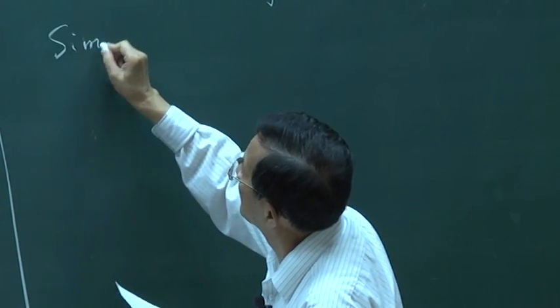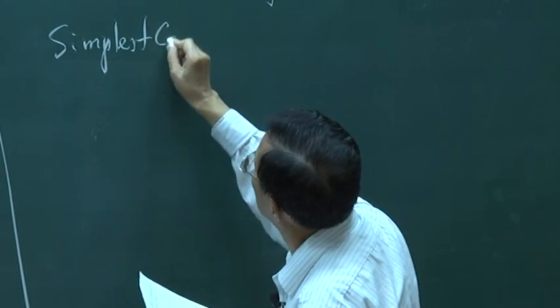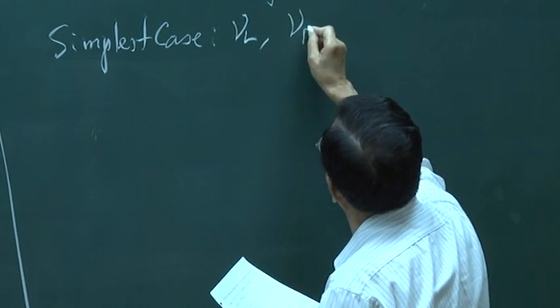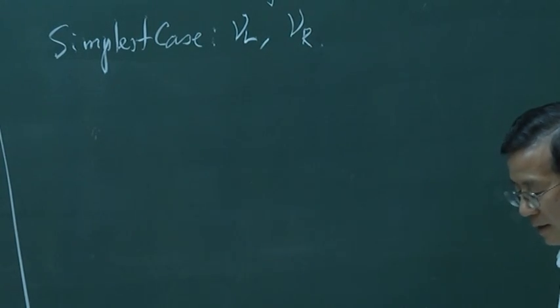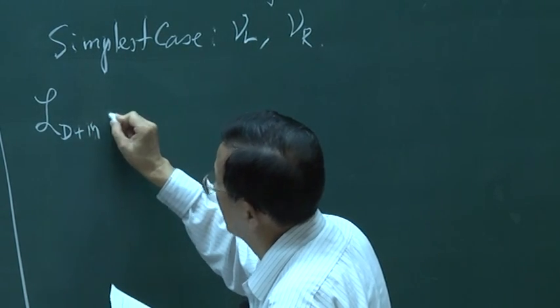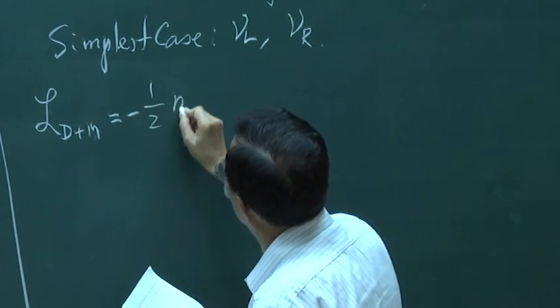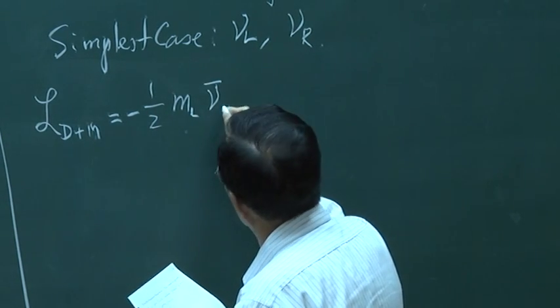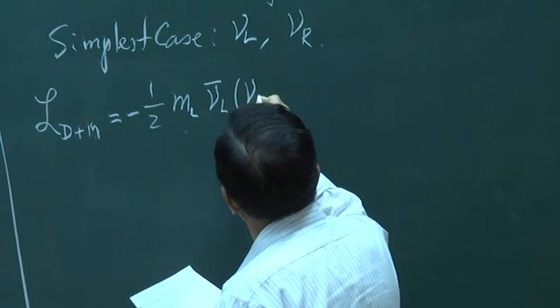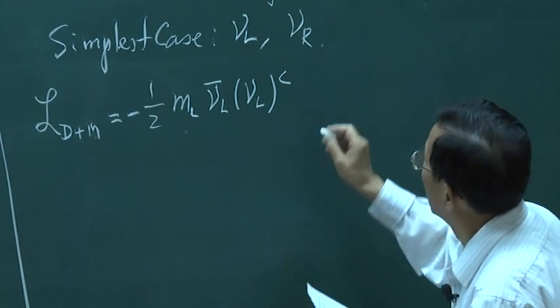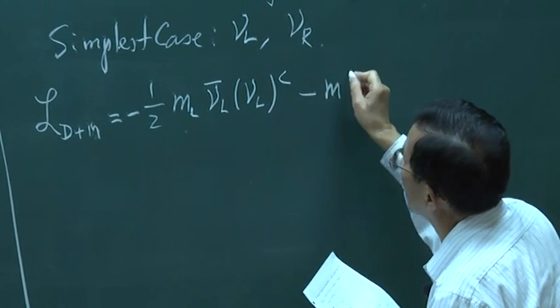You have a left-handed neutrino and then a right-handed neutrino. I'll write it down: the mass term L D plus M equals minus one half, the left-handed Majorana mass term nu L M nu L C, just like this, and then I have Dirac mass terms.